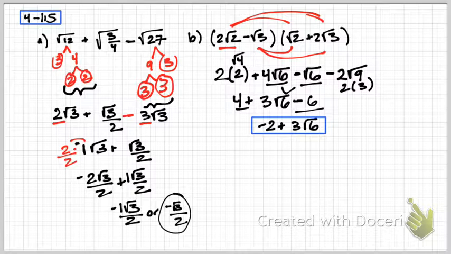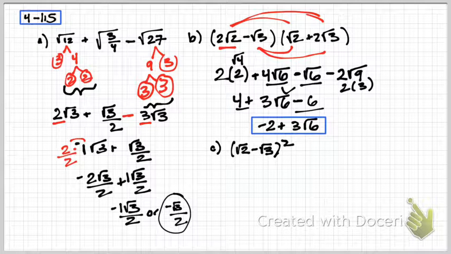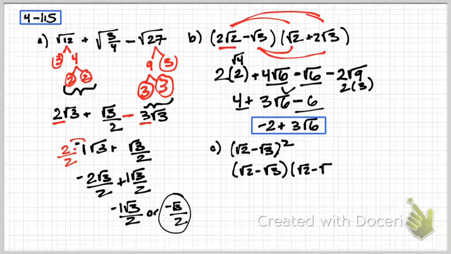Let's go on to this last one. This is C. So we can fit on this page. Rad 2 minus rad 3 squared. So we have rad 2 minus rad 3 times rad 2 minus rad 3.